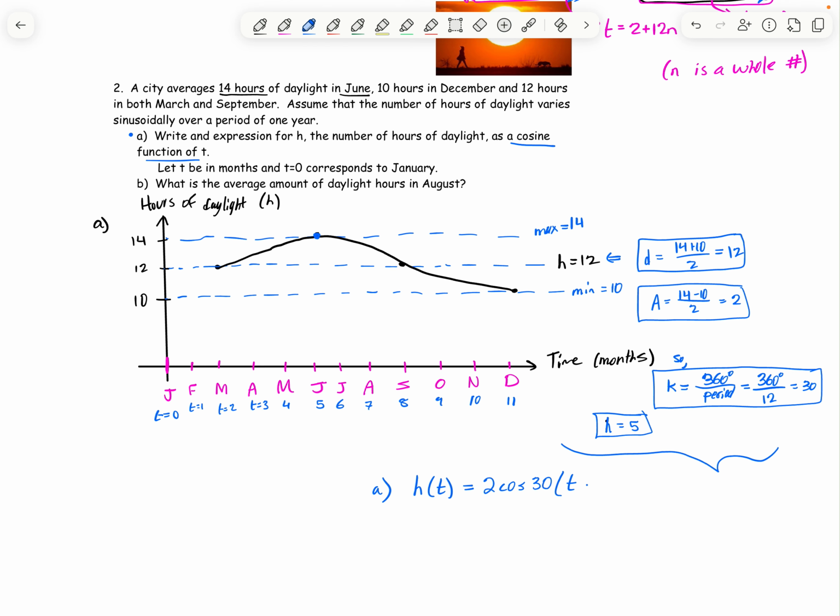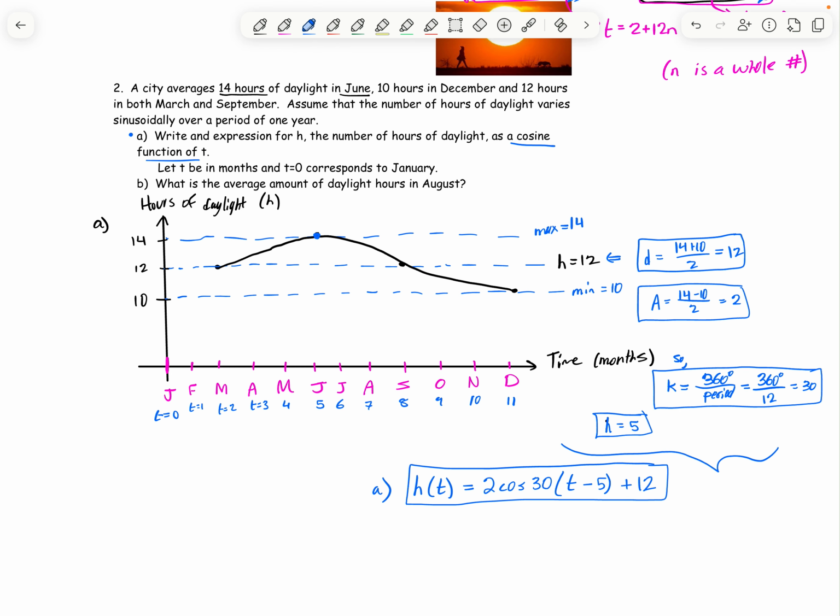I'm going to have t minus 5, a phase shift of 5 units to the right. So then it starts, instead of here, at the top. It shifted 6 months over for June, right? And plus 12. And that's all. So that's my function modeled as a cosine.